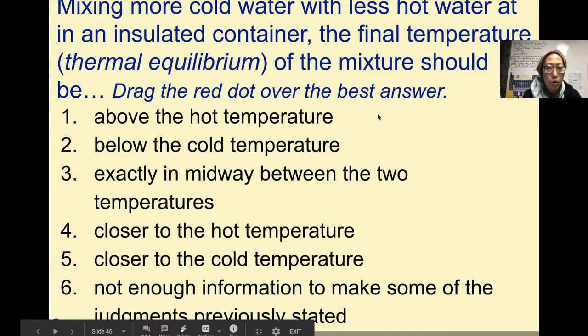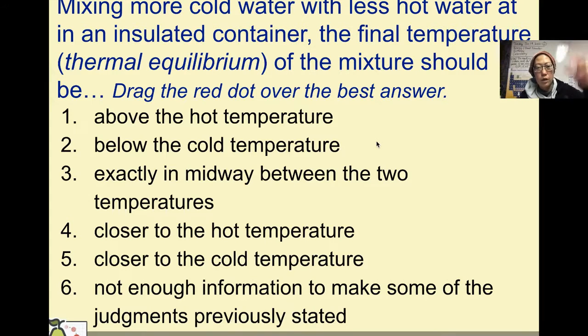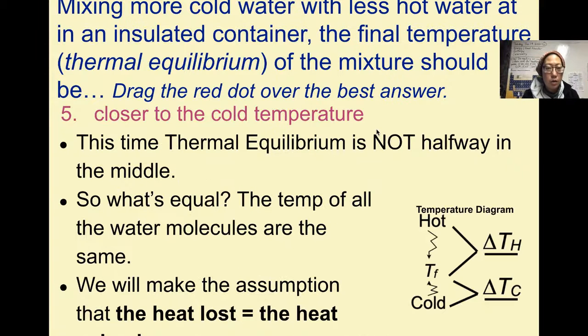If we mix more cold water with less hot water in a container, so we've got a lot of cold water and a small amount of hot water, then the final temperature of the mixture has to be closer to the cold temperature. Not in the middle, right?